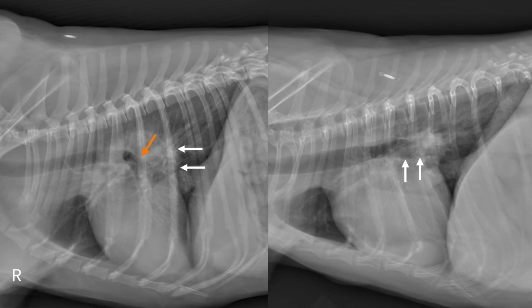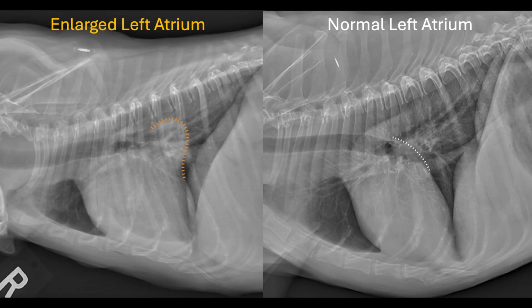In summary, left atrial enlargement in canine patients can be identified by straightening of the caudodorsal border or soft tissue bulge along the caudodorsal border of the cardiac silhouette on the lateral views. This loss of the normal cranially tapering caudodorsal border is referred to as a loss of the cardiac waist.